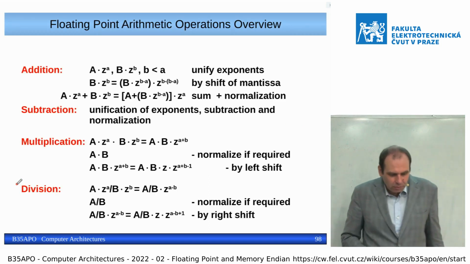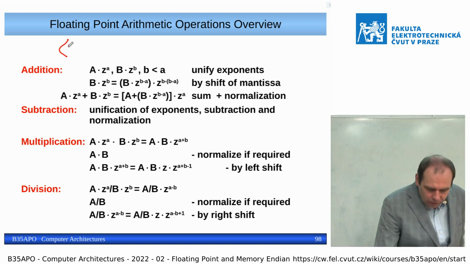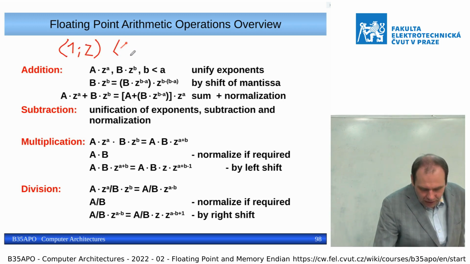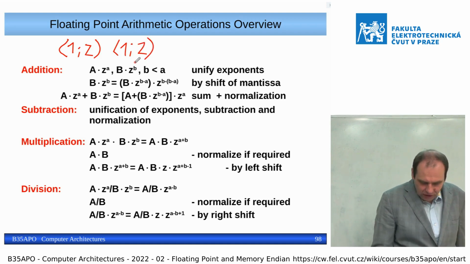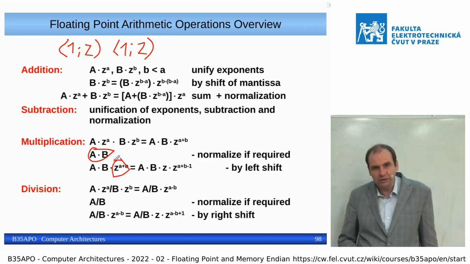What about the multiplication? For the multiplication, we multiply two values in the range 1 to 2 and 1 to 2. In the case of multiplication, we basically can multiply the mantissas, and for the exponent we do a simple addition.